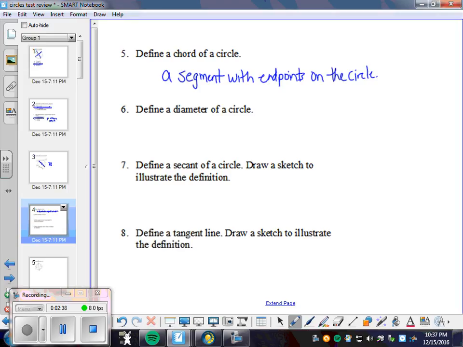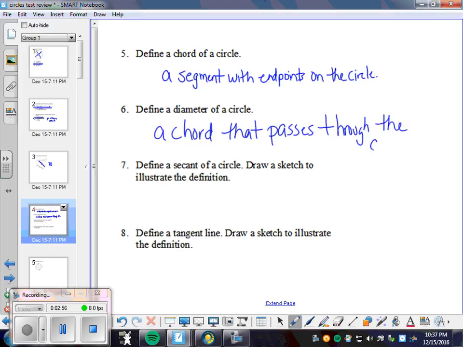Define a diameter of a circle. A diameter is a chord that passes through the center. Okay? A chord that passes through the center.